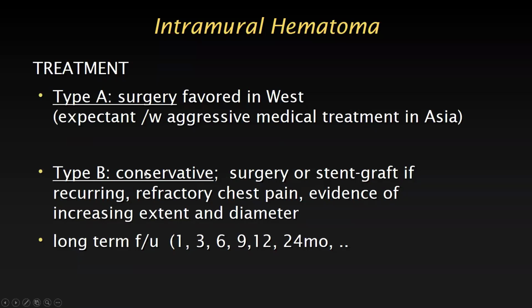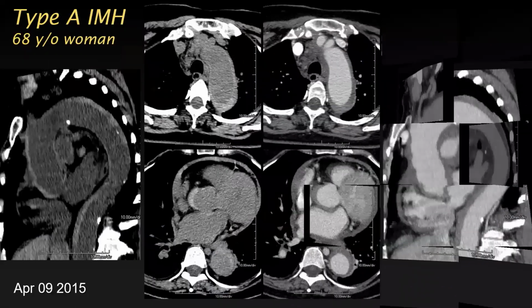Whereas if the IMH is confined to the descending thoracic aorta, or the arch and descending thoracic aorta, so type B, then usually it's managed medically, unless there are complications, such as recurrent pain, refractory chest pain, or evidence of progression. Then these patients are typically treated with endograft.